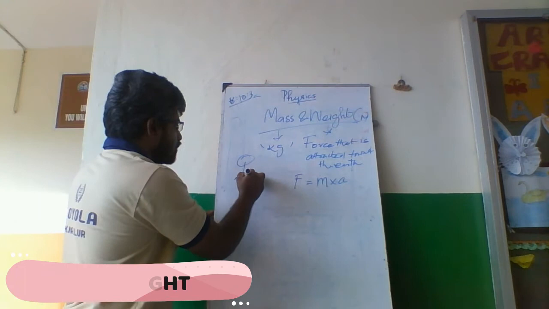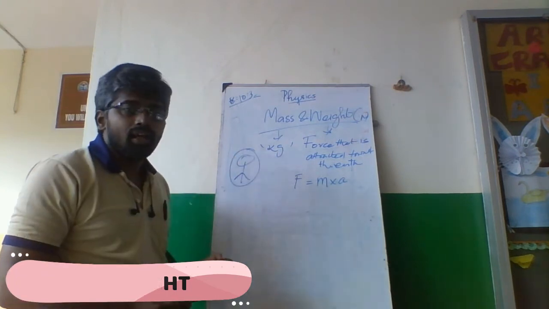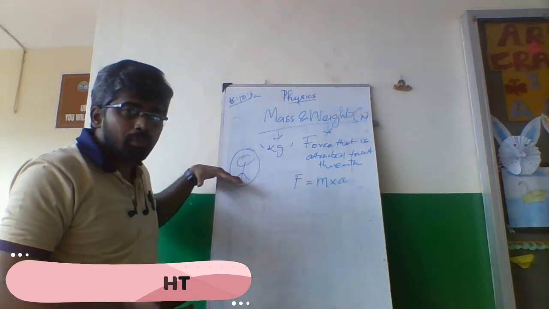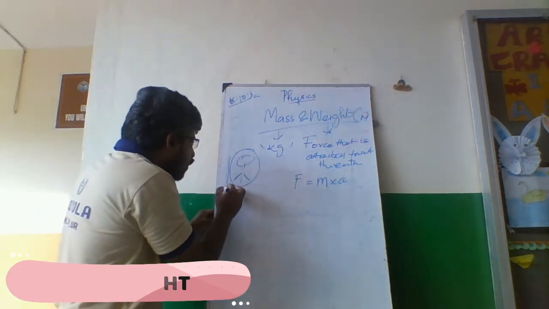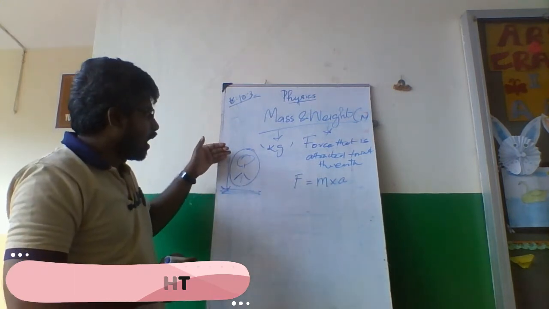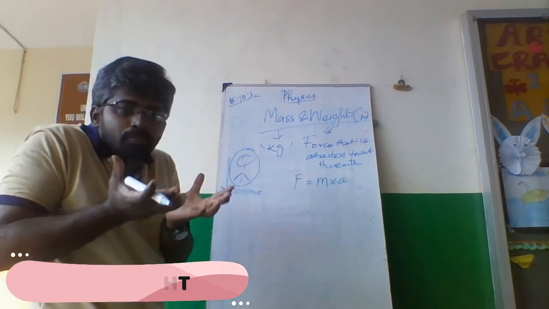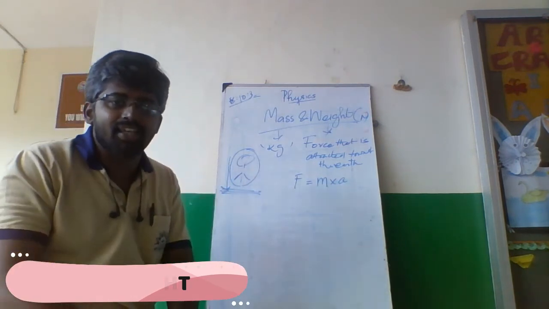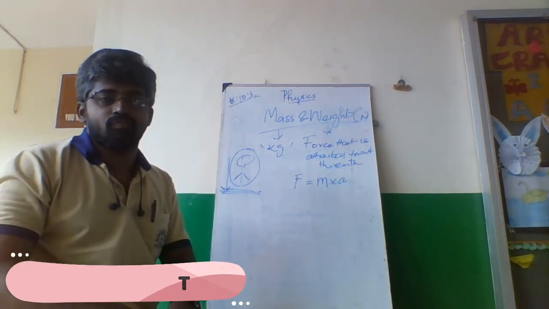Okay, so I have a mass, and that particular mass is applying a force on the earth. This mass along with the acceleration due to gravity, because this mass is pressing the earth. So it is not only the mass, it is the force.